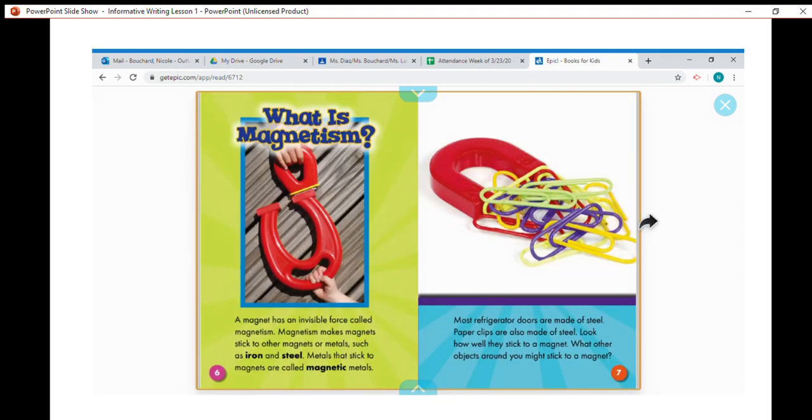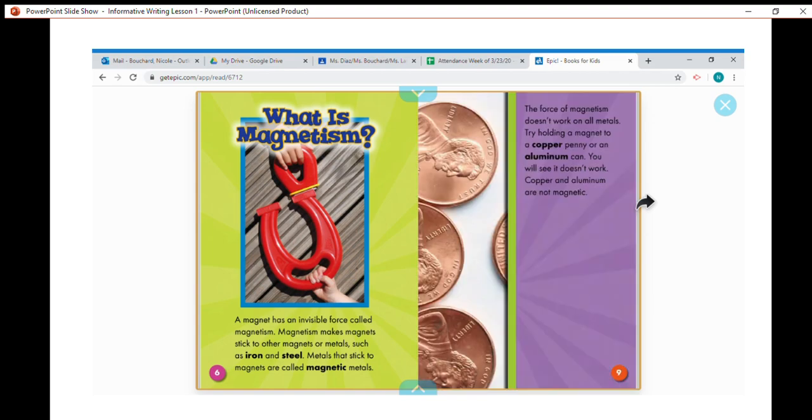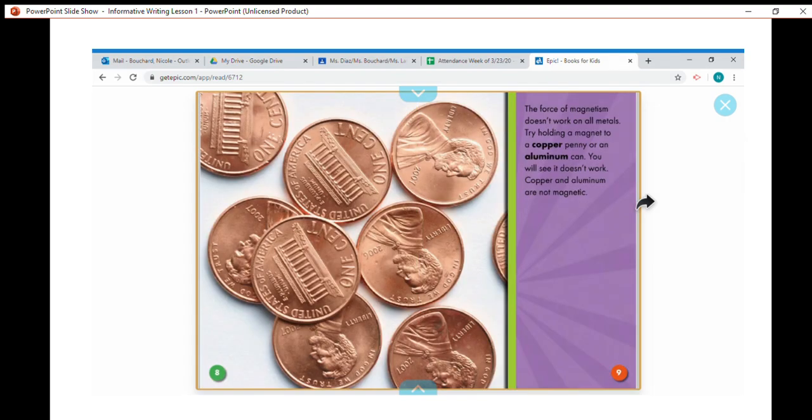I also notice some bold words. These bold words may be words that are important or definitions. I'm seeing a lot of pictures that are real and not fake.